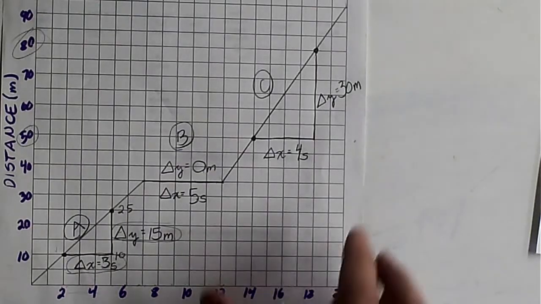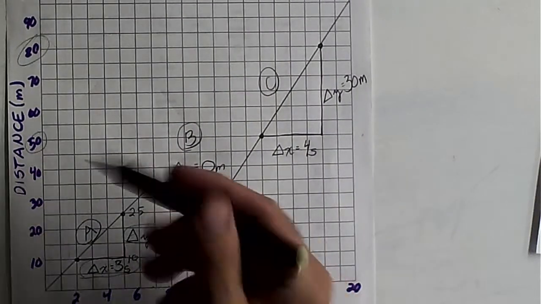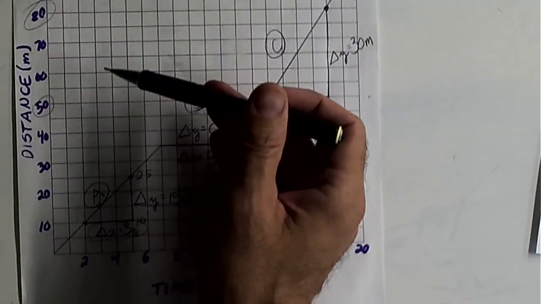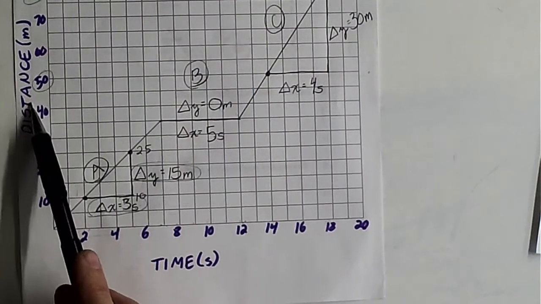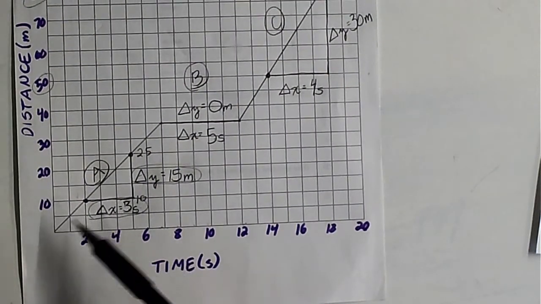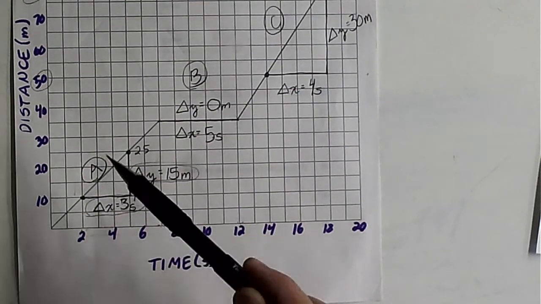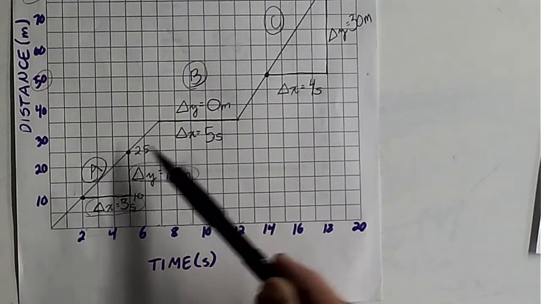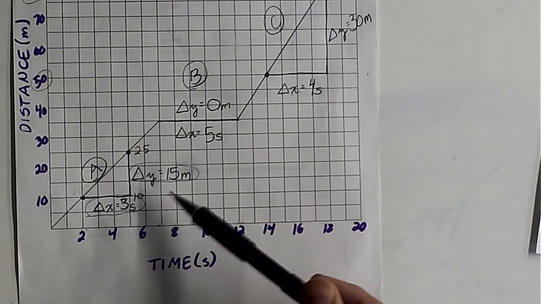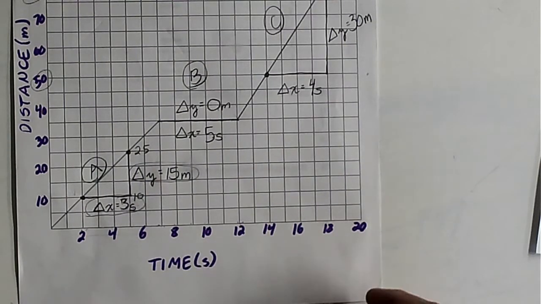For acceleration, it's a little bit different. Now you got to remember, you got to pay attention to the axes. This is distance, this is time. If you get a straight line on a distance versus time graph, it's speed, because with your slope equation, you're going to get meters per second, or a distance over time.